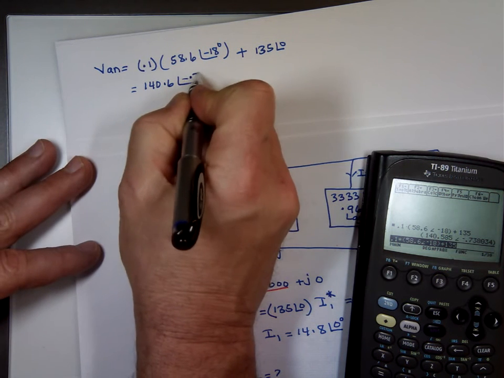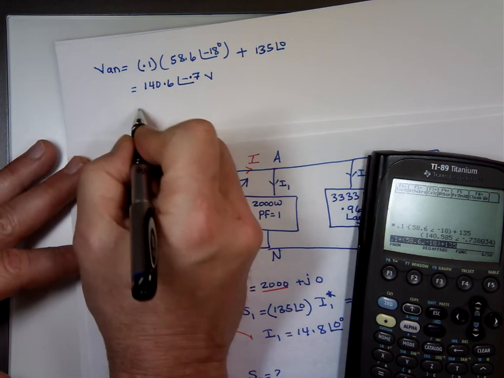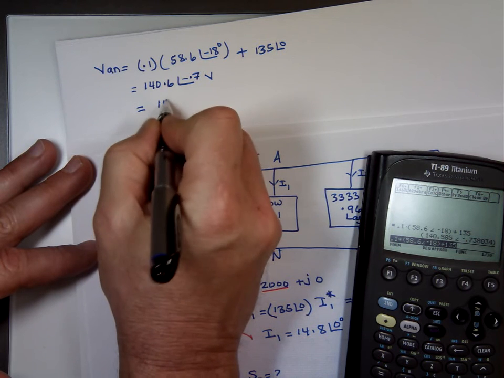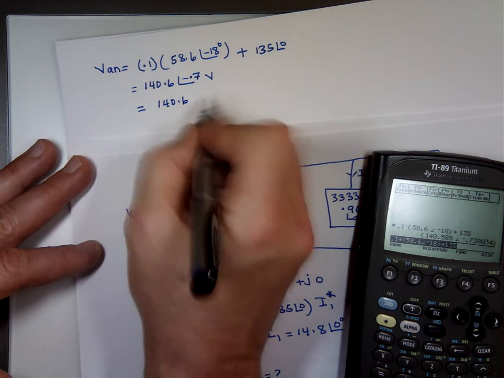So really, you're probably going to write that 140.6, either negative 1 or 0 degree. That's what the voltage is going to be.